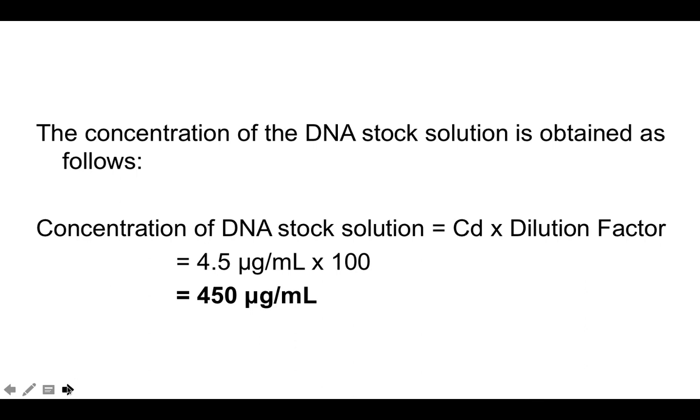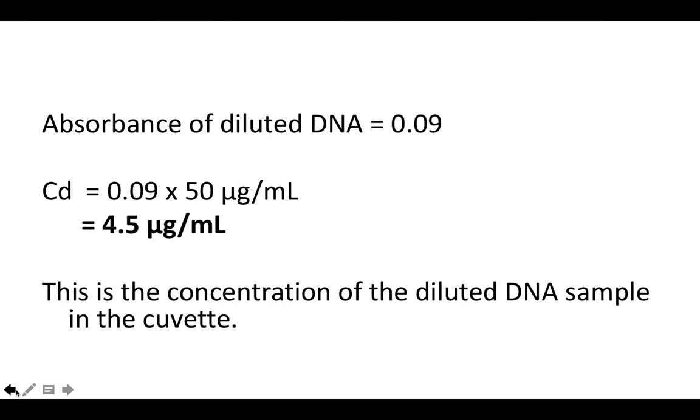So how do we do that? Simply, we multiply the concentration of diluted DNA that we acquired, the one in the cuvette, with our dilution factor. Let's say, for example, we have a dilution factor of 100. The total concentration of DNA in our stock solution will be 450 micrograms per ml, following the input from this slide.